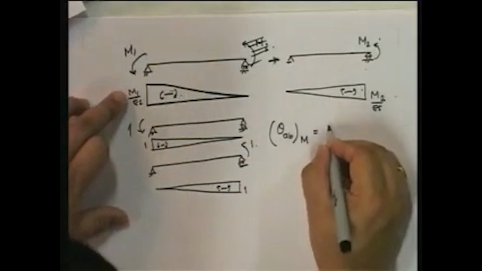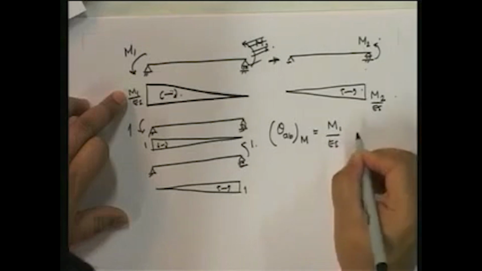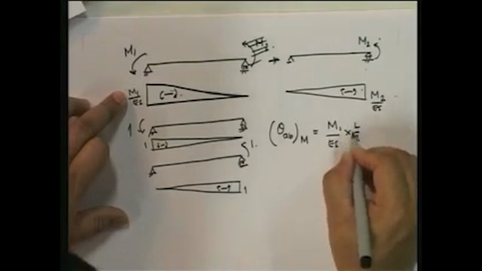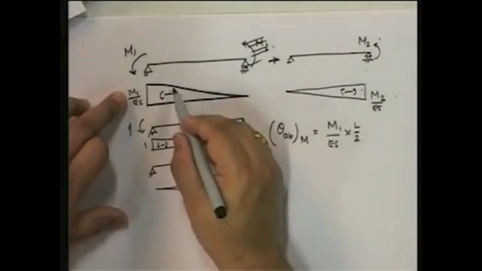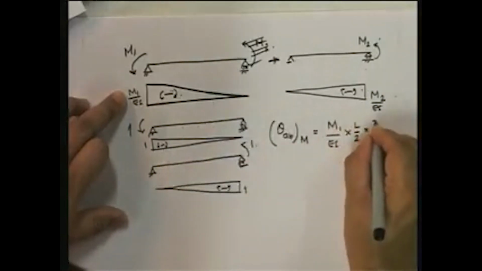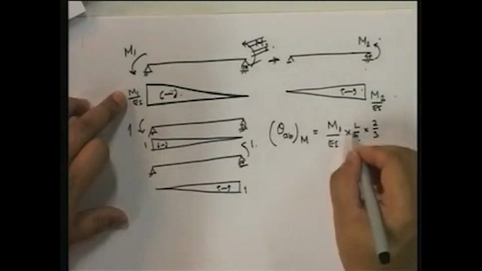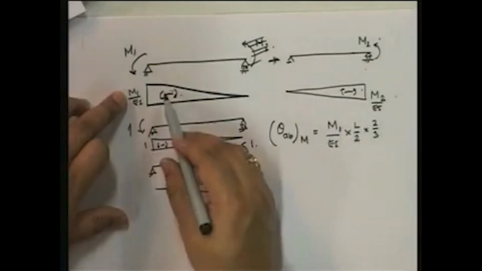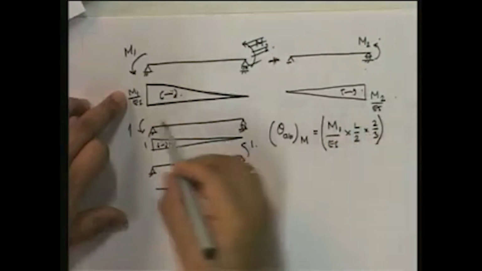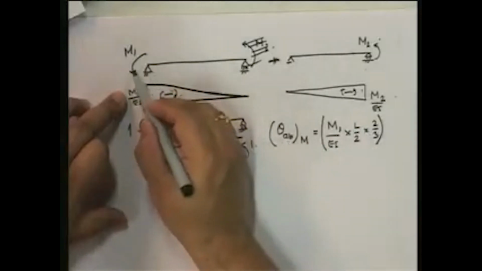The area under this curve is M1 upon EI multiplied by L by 2, and it's at 2/3 the distance from this point, so that value is going to be 2/3. Both of them are hugging, so this is plus. This is the theta AB at this point due to this load.